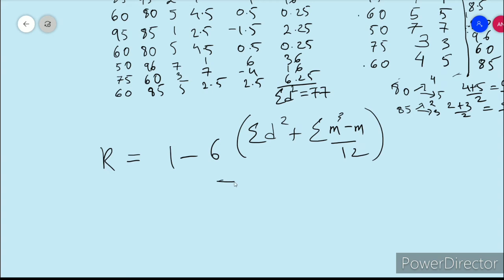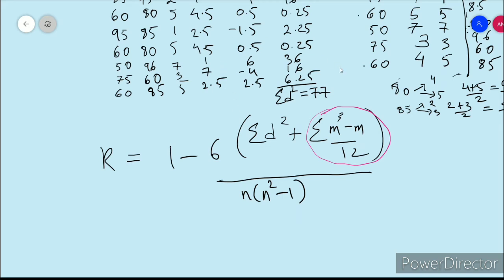This is the formula, and now we have to determine this part. So if you look here, if you look at this example, there are 3 cases of repeated ranks, or 3 items that got repeated.